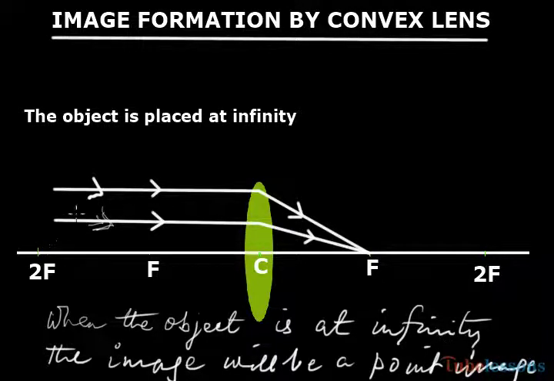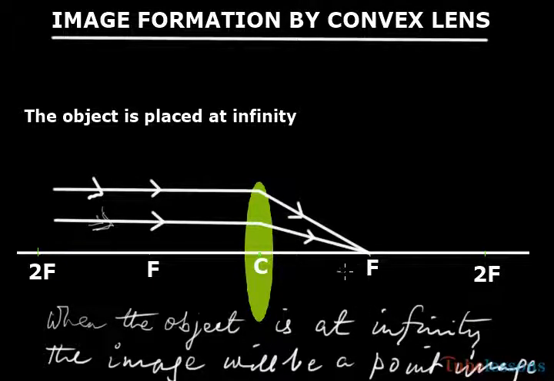In this case, parallel beam of light coming from an infinite distance have converged on F, that is focus, so the image will be on focus. The position of image will be on focus.